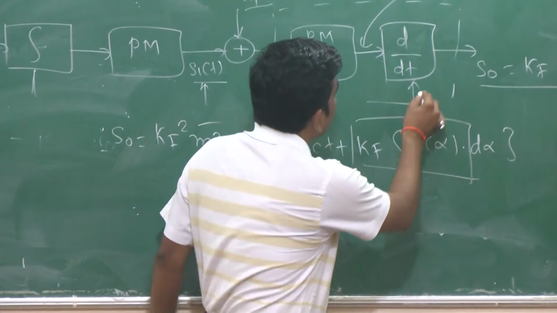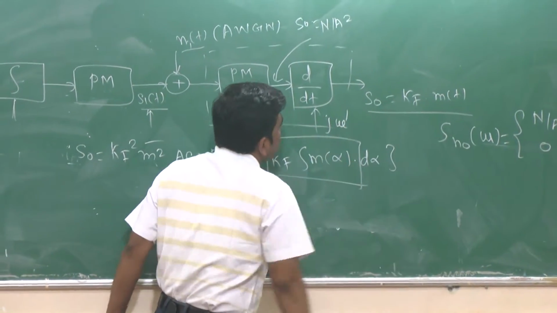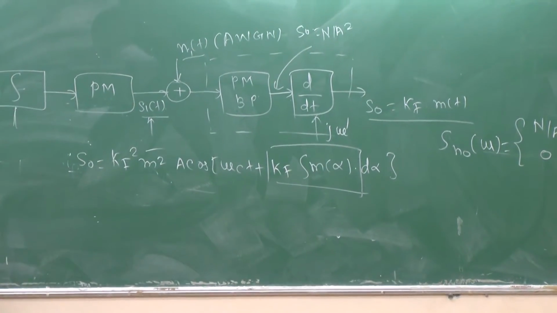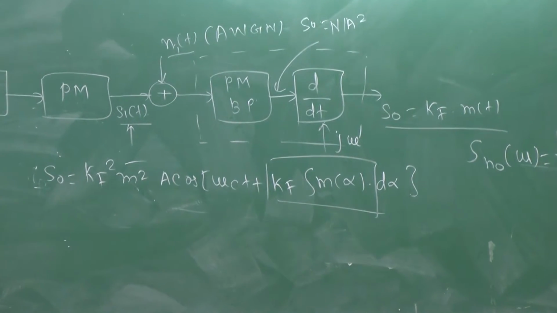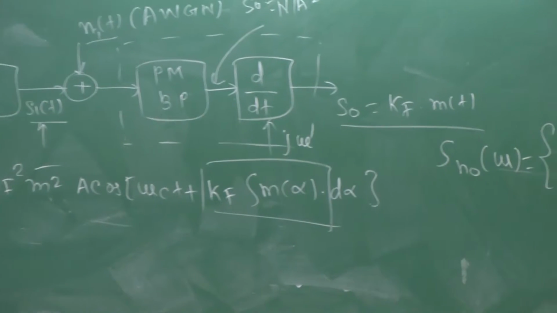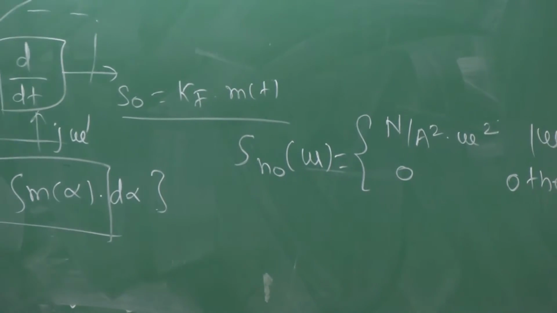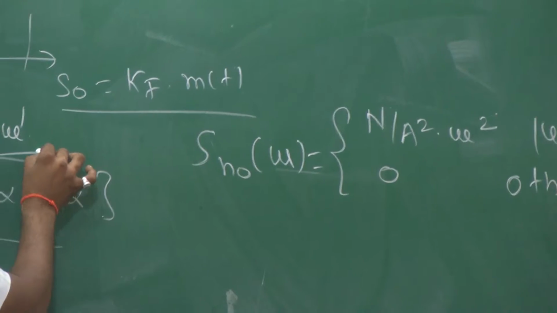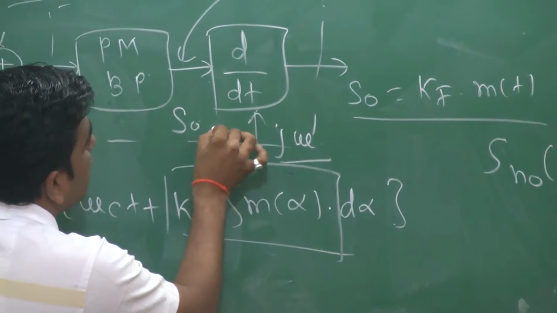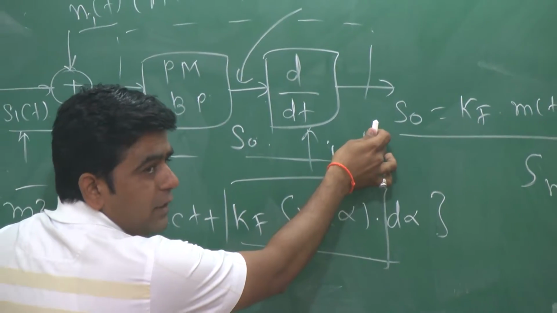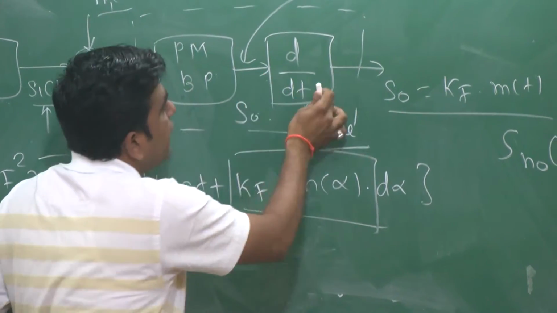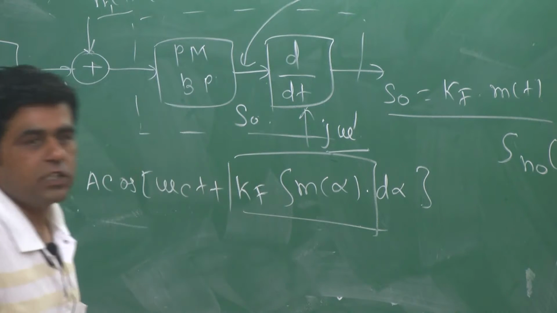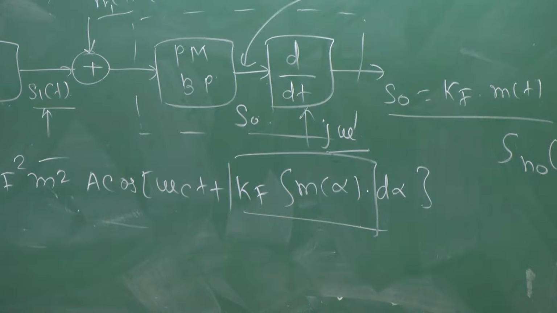The transfer function for this differentiator is given as j omega. So whatever is at the output of your demodulator gets multiplied with this transfer function j omega. Here S naught is the derivative of this quantity. Similarly, the noise present at this point gets differentiated by using j omega.